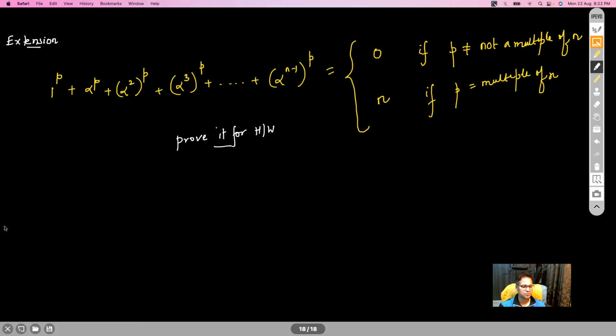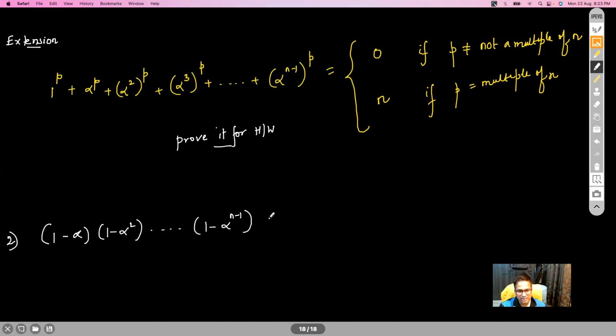Property number 2 was an extension of 1, so I'm not putting a separate name to it. I'm just calling it an extension of property number 1. Property number 2 is: 1 minus alpha, 1 minus alpha square, and so on and so forth till your last, 1 minus alpha to the power n minus 1.